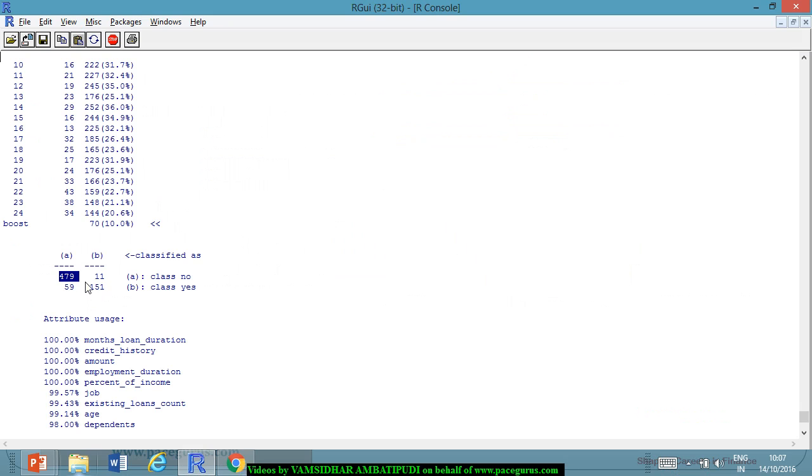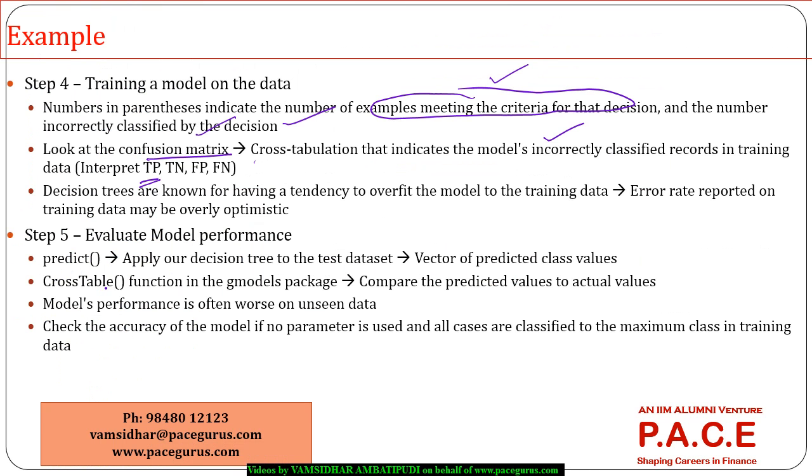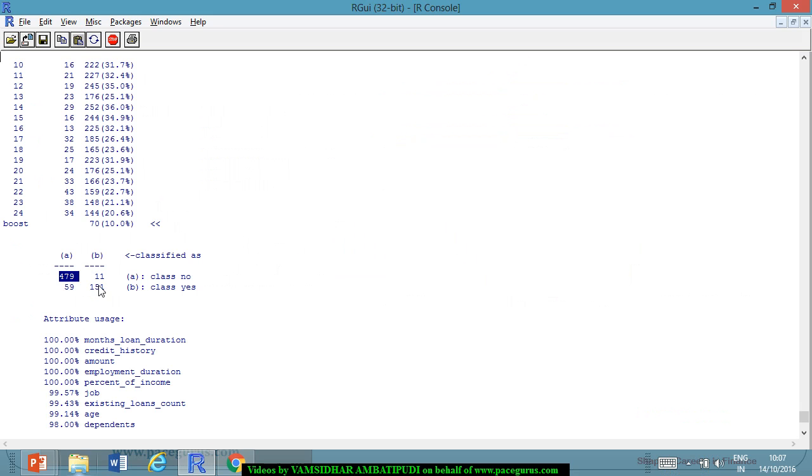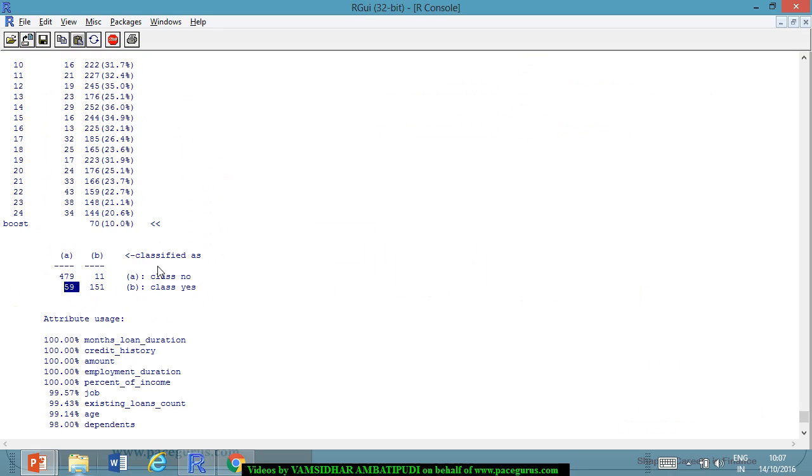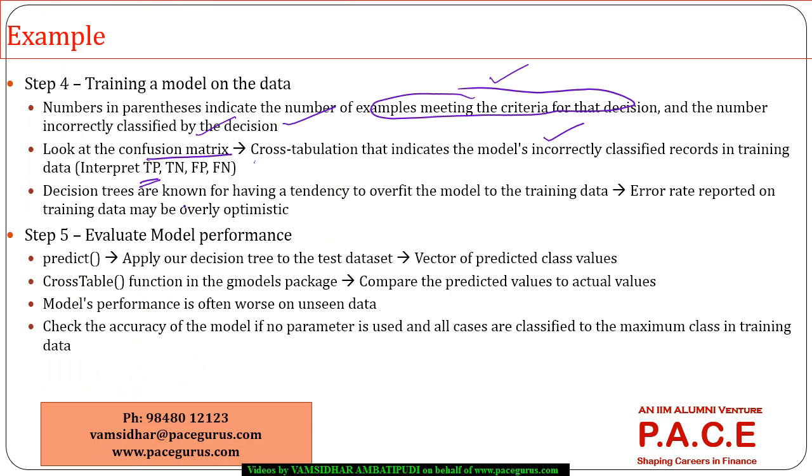Then false positive, you have predicted as positive, yes, but in reality it is no, that's a false positive. Then false negative, you have predicted as no, but it has turned out to be yes. So these are the 4 different things that are typically coming out.